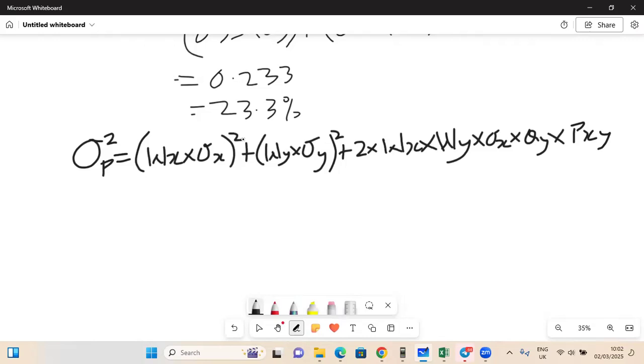So now, remember, we already have the weights. Let's bring in the standard deviation of X and Y and the correlation coefficient.